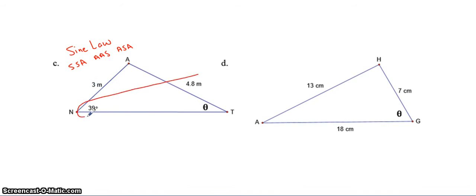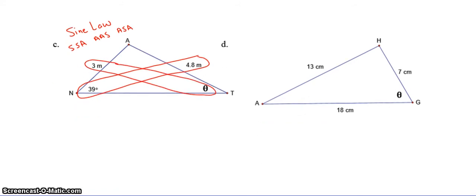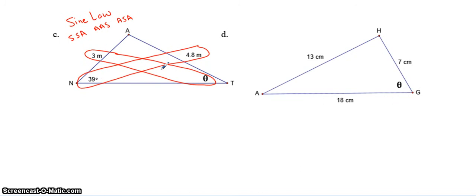So basically, we can make our two loops. And we have 3 of the 4 pieces of information. So that's going to be sine theta over 3 equals sine 39 over 4.8.